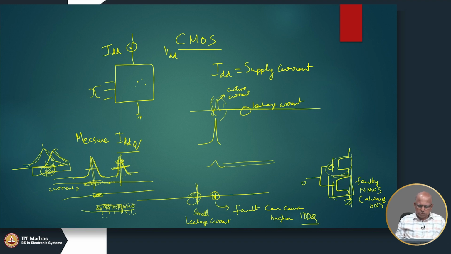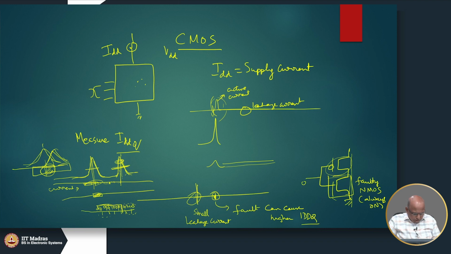They make a few measurements just to get some confidence that all is well. They may make some 10 measurements or something like that. Because you will appreciate that making these current measurements also is not easy. On the tester, you will need a way to make that measurement in an error free way.